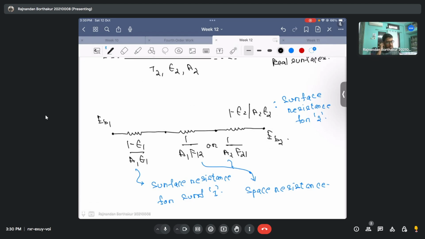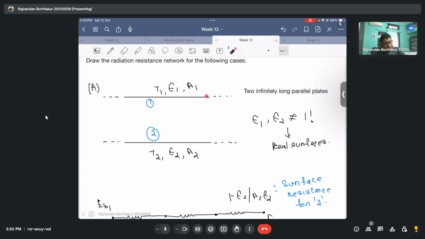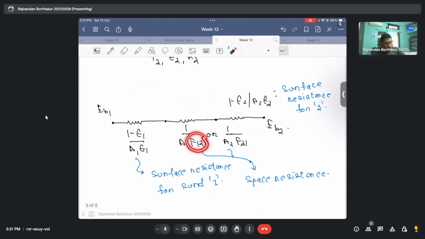Okay, but there is one simplification that we can do. Since these plates are infinitely long, and, I repeat, since these plates are flat, I can easily say that my F12 or my F21 is just going to be equal to 1.